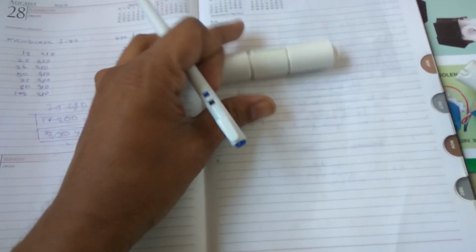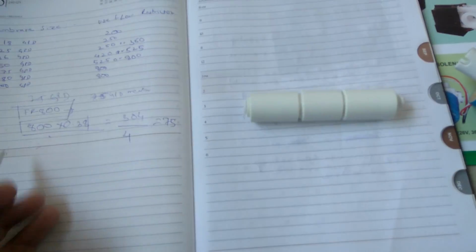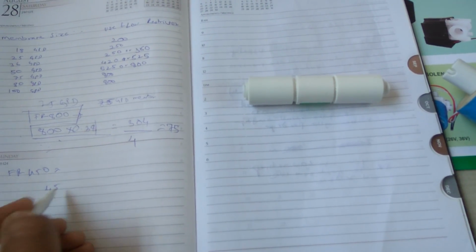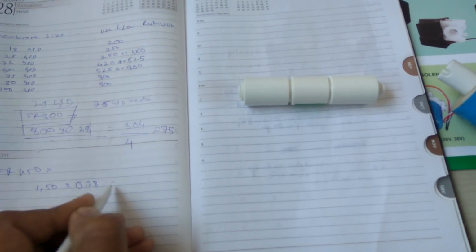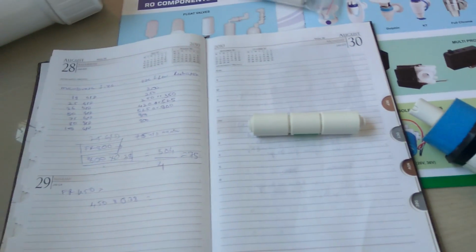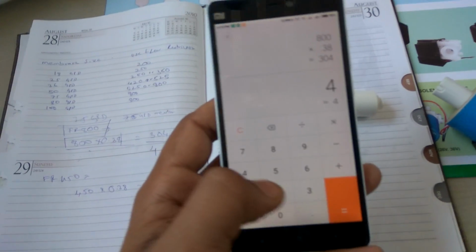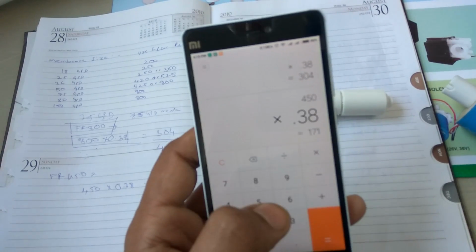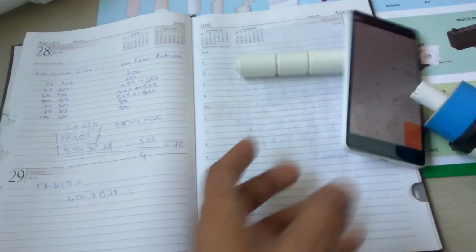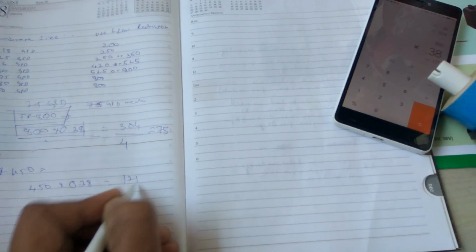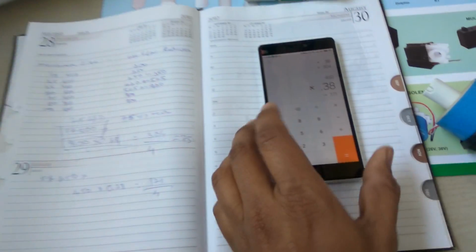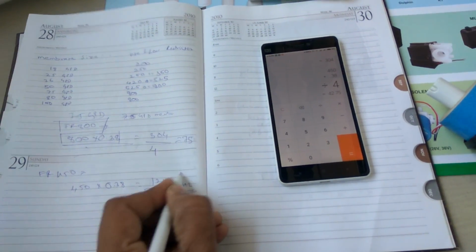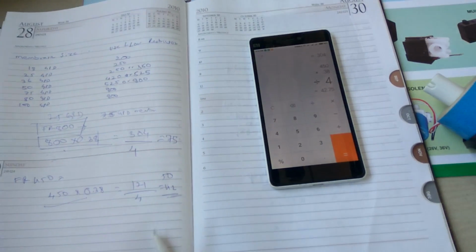For example, if we are using FR 450, 450 multiplied by 0.38 comes to 171. Divided by 4, that is about 42 GPD, which means up to 50 GPD this FR 450 can be used.